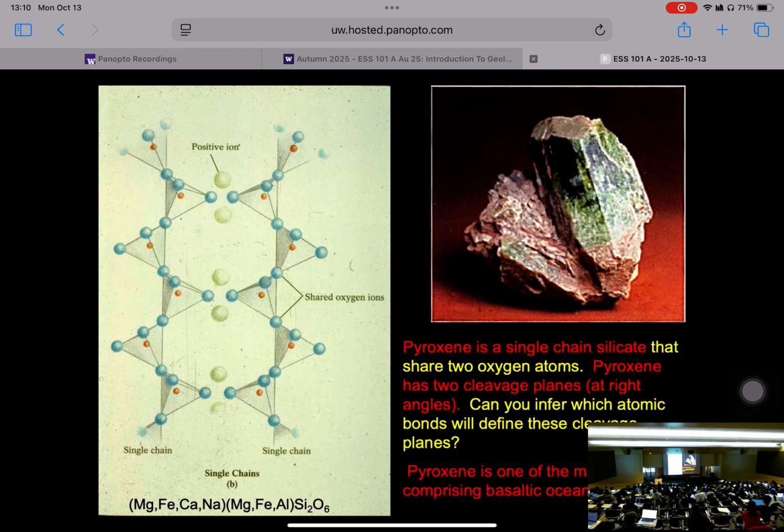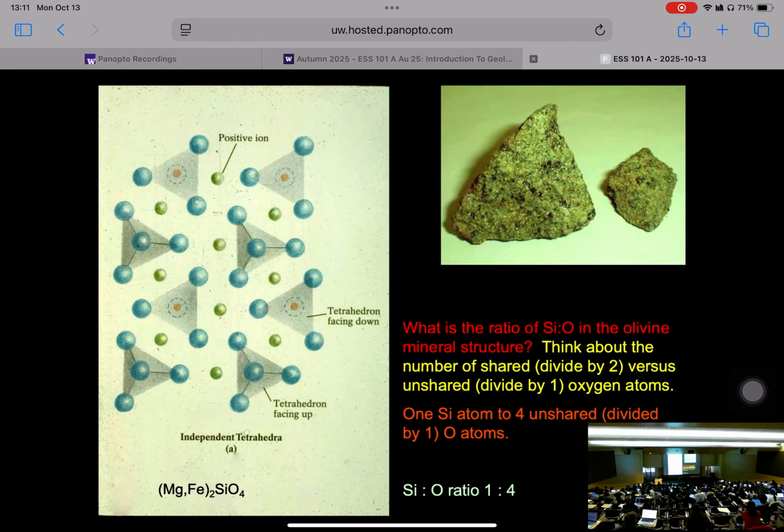So if you're looking at pyroxene, a couple things stand out. One, if you look at olivine, it does not have any kind of distinct plane at which it breaks. Olivine fractures. It has no weakness plane.